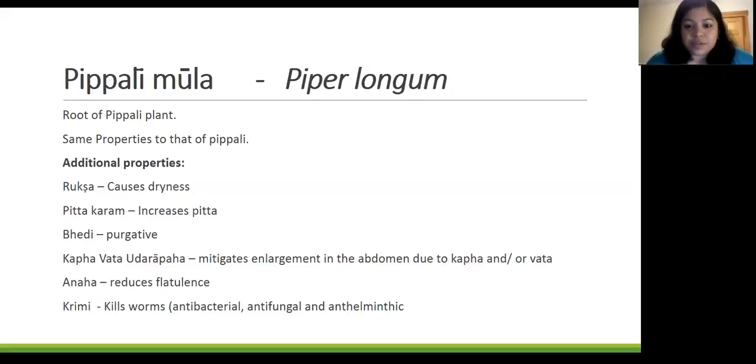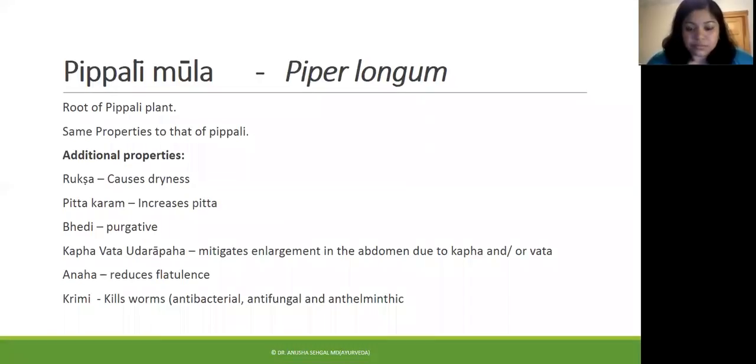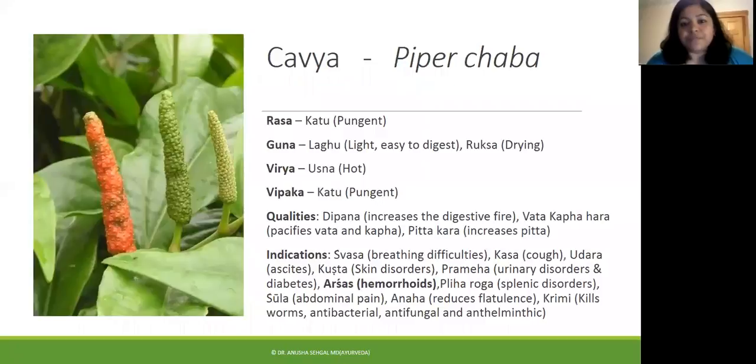So the next one is chavya, okay? And this is very similar to Pipali in the sense that it looks almost exactly the same. The main difference between Pipali and this is that this is actually larger in size. So in classical texts, a synonym for this is gaja pipali, which means that it is a fatter, much more robust, larger version of a Pipali.